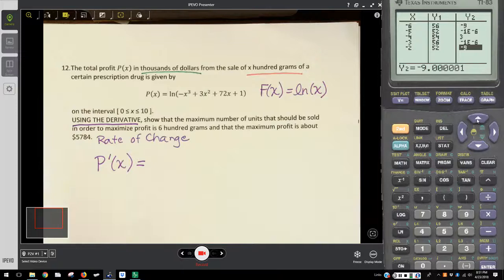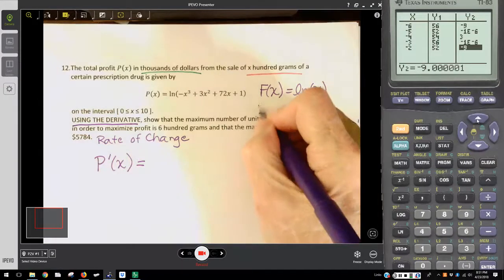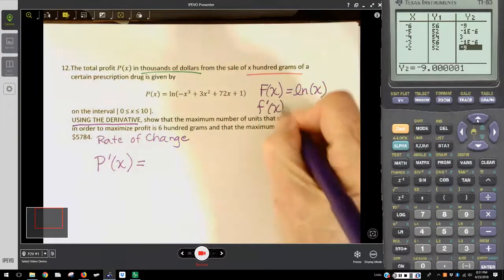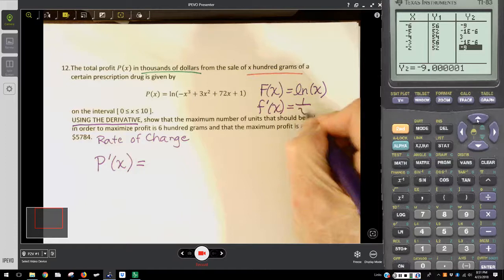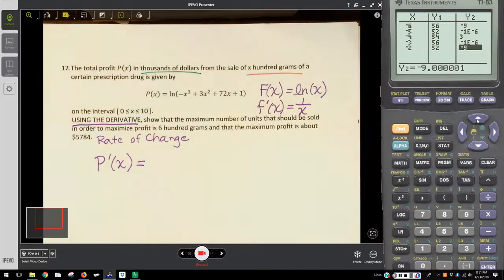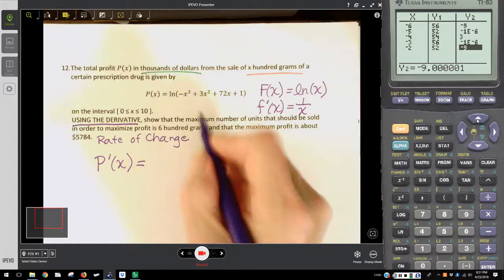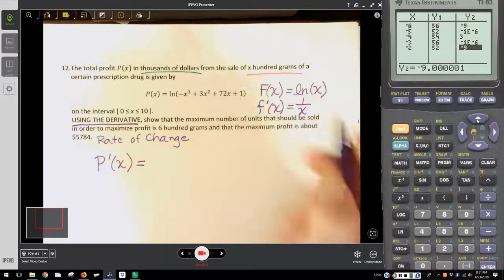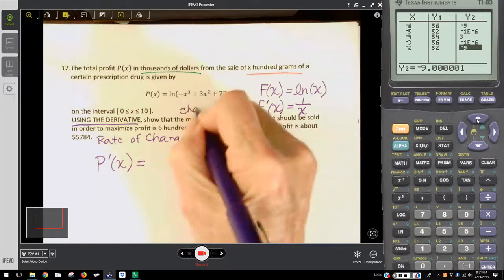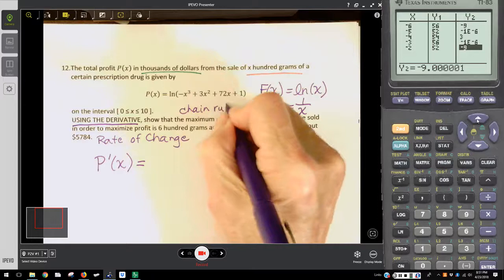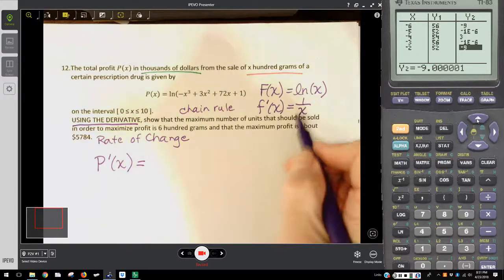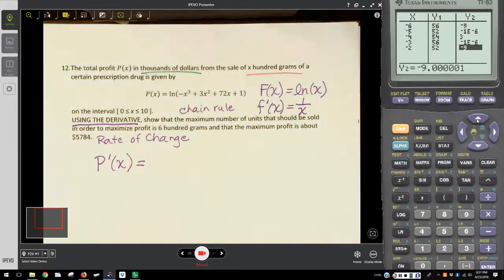And the derivative of a logarithmic function is 1 over the function, 1 over whatever you're taking the log of. So the derivative of this is actually a chain rule problem, because the thing that the natural log is being taken of is a function itself.